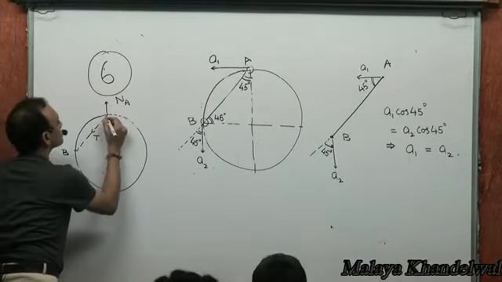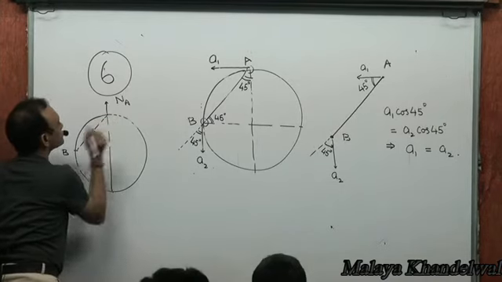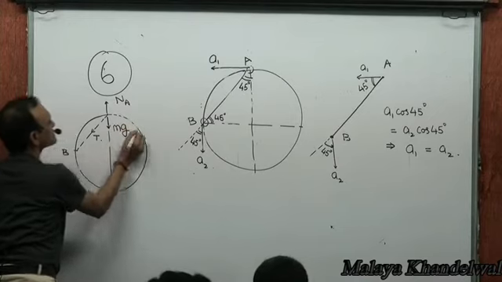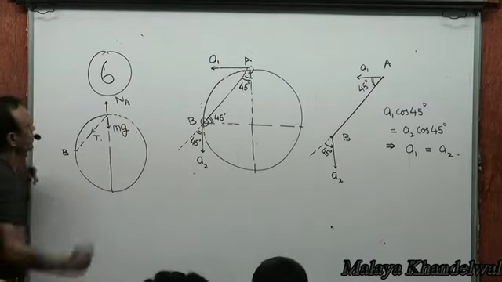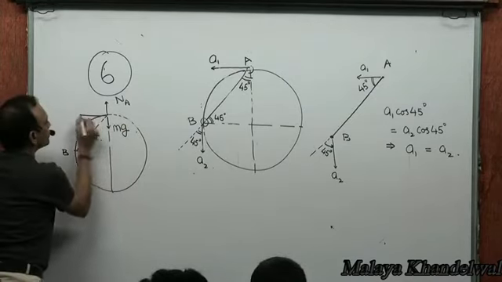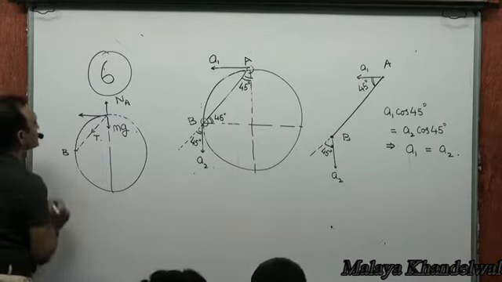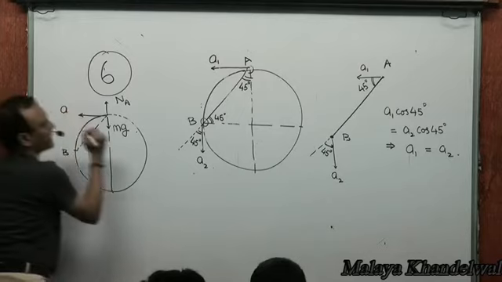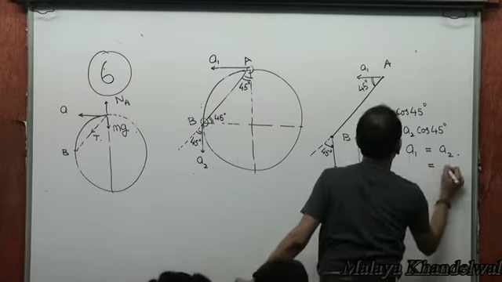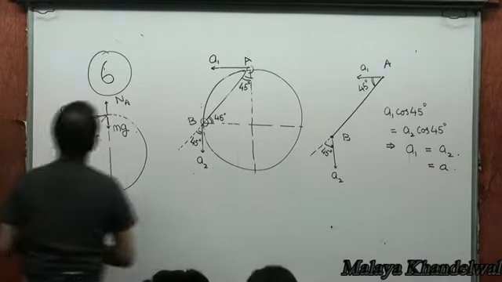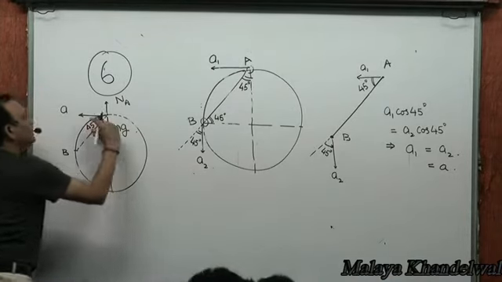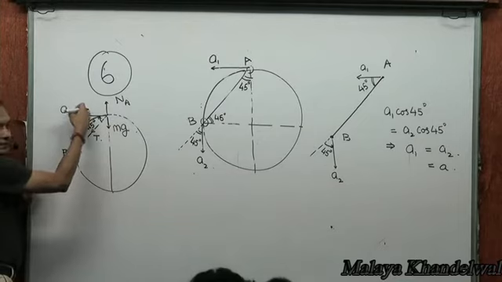Okay, now there is, of course, mg also like this, but don't bother about that. The net effect of all of this is an acceleration A. A1 equal to A2, let's say each is equal to A. So can I say this is 45 degrees? So can I say T cos 45 degrees must be MA?